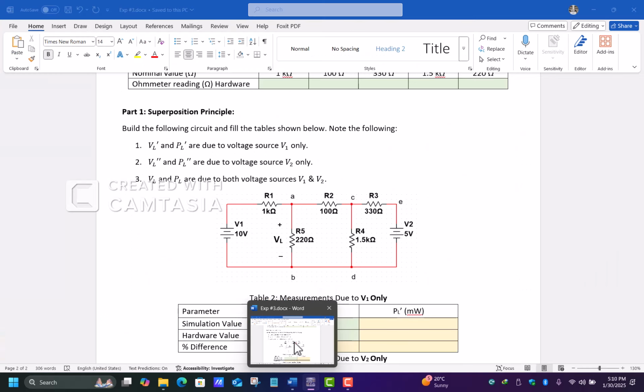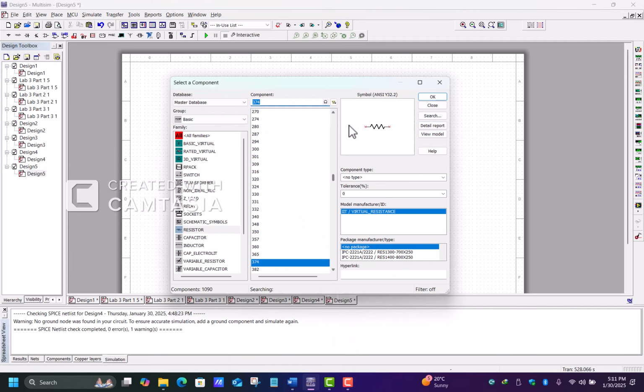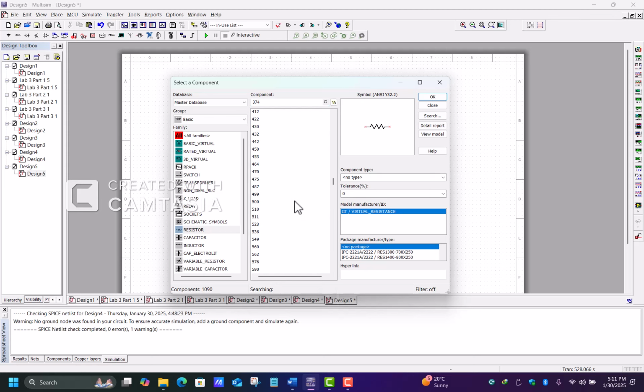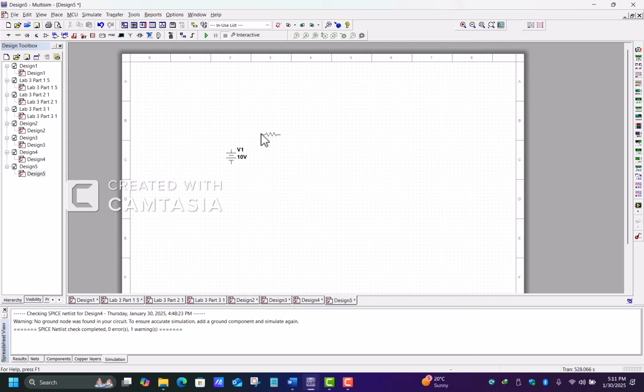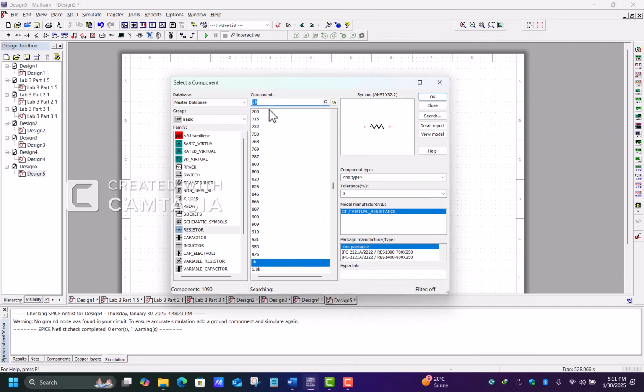This is our resistances. The main resistances are rated 1 kilo ohm, 220 ohm, 100 ohm, 1.5 kilo ohm, and 320 ohm. So I'll take the resistances there. First we'll take the 1 kilo ohm resistor. Next we'll take the 220 ohm resistor.